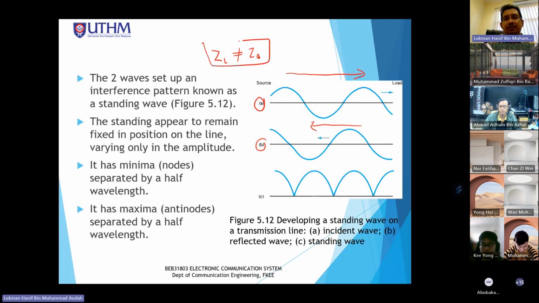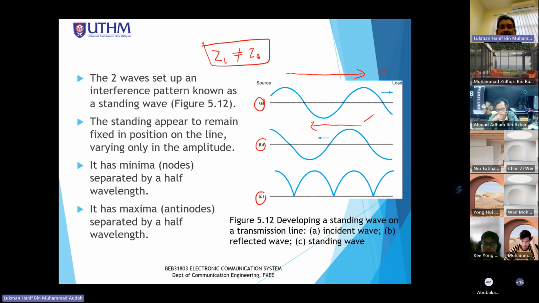So there's a reflection, and you see that the summation of the incident wave and the reflected wave would be equal to graph C, what we call a standing wave. Standing wave is the summation of incident and reflected wave.